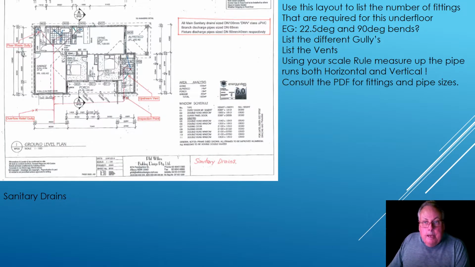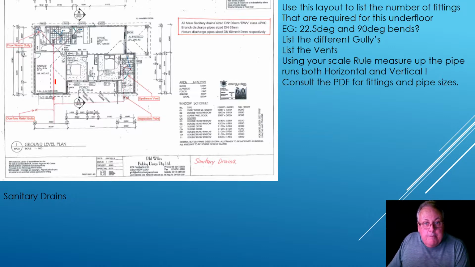All right, sanitary drains. Pretty simple. We've got 2 different colors here, 3 actually. There's a green, there's a blue, and there's a red. And so mainly the red is talking about our pipe work up here. Okay, it's 100 mil DWV class U PVC pipe.